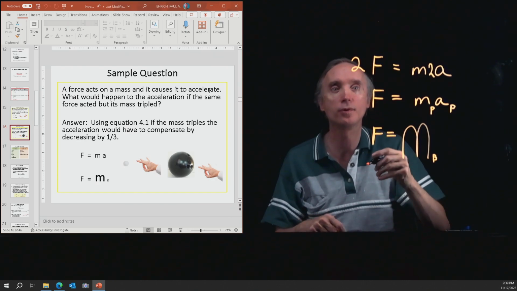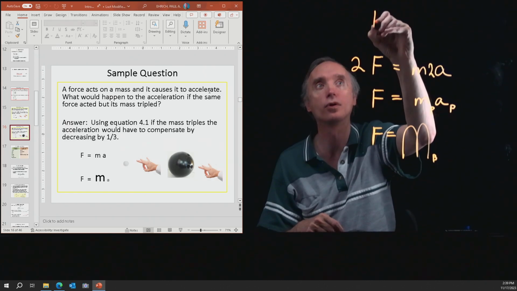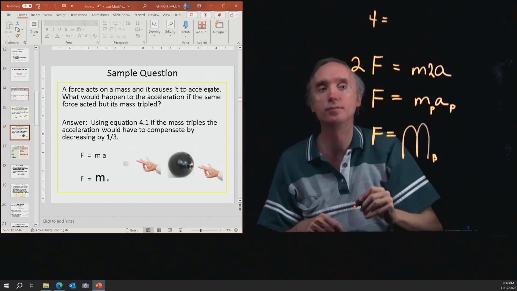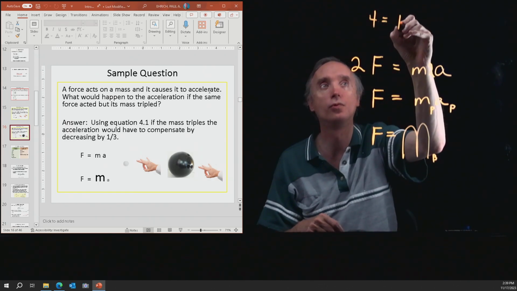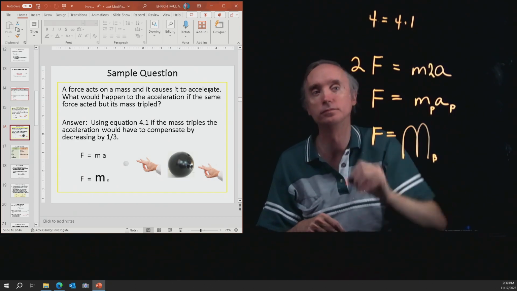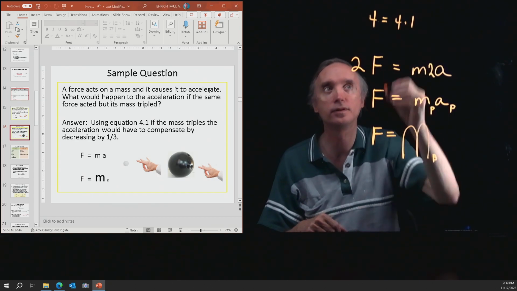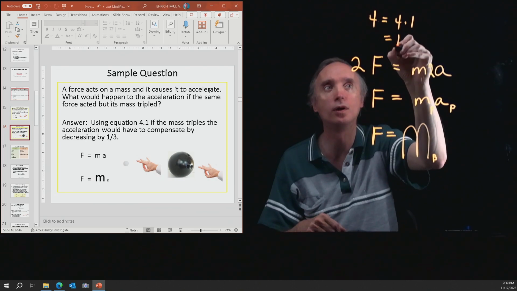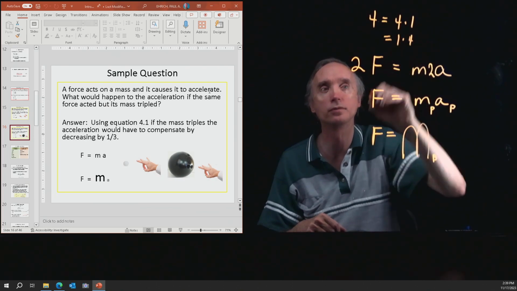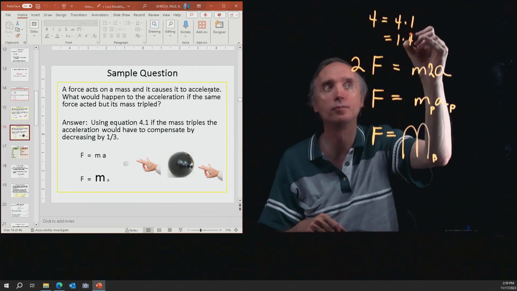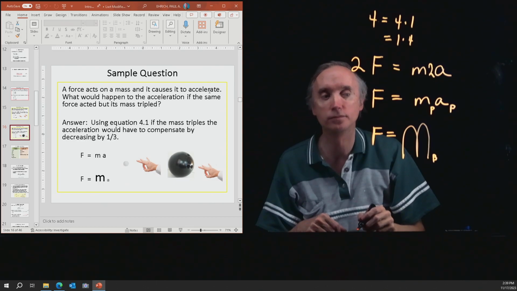Now what you got to remember is that 4 is going to be equal to 4 times 1, but it's also equal to 1 times 4. So if one number gets big, the other number gets small in order to compensate.